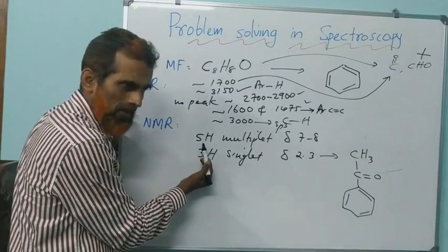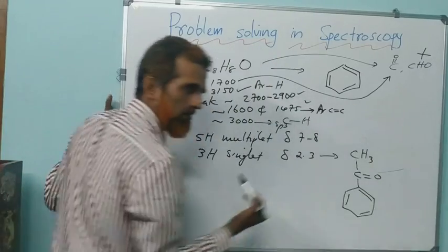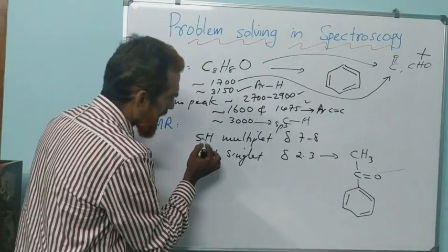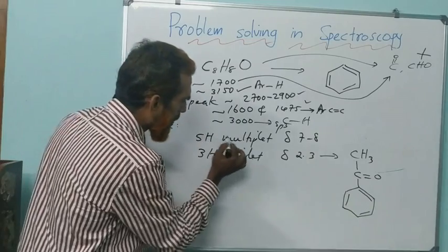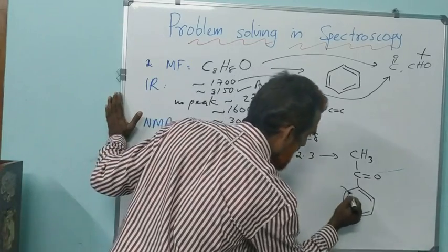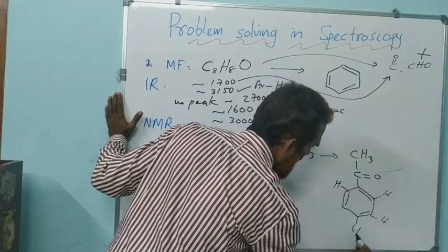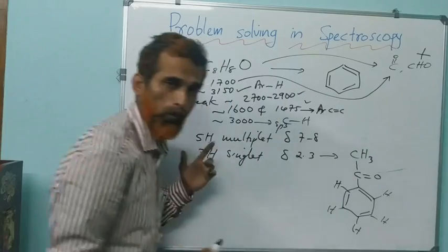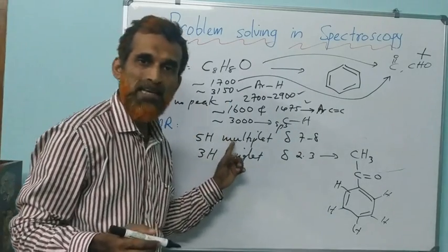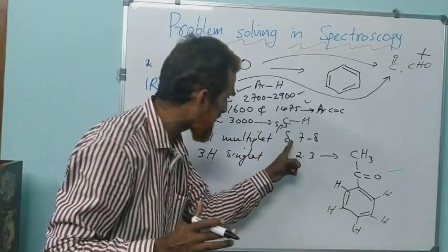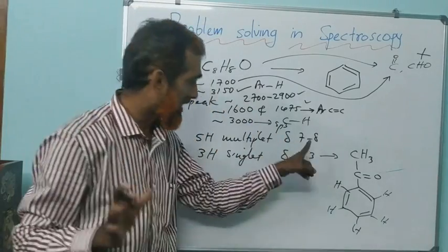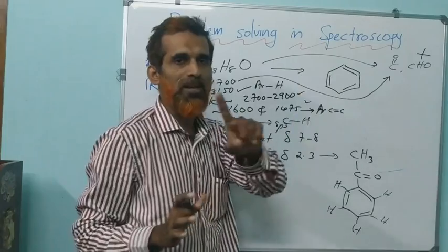Then in the NMR data, this singlet is verified. What is left over? The 5 proton multiplet. That is the aromatic protons. You know that aromatic protons are highly deshielded due to the anisotropic effect, and the chemical shift value comes between 6 to 9. Here it is 7 to 8. So that also tells you the compound is aromatic.